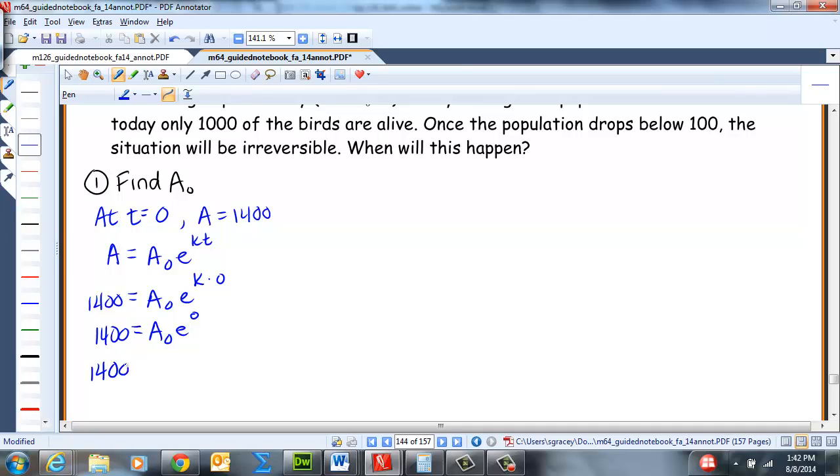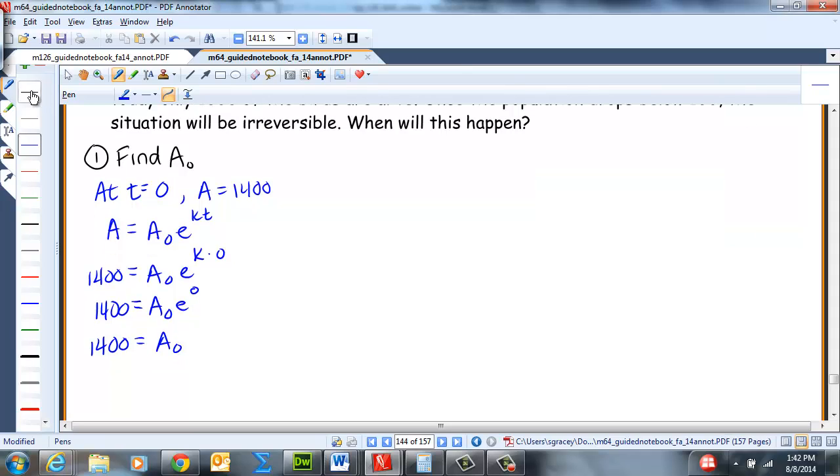So 1,400 is equal to A0. So now we have this new model, A equals 1,400 e to the kt. So we're getting closer. We now have A0, but we need to find k.